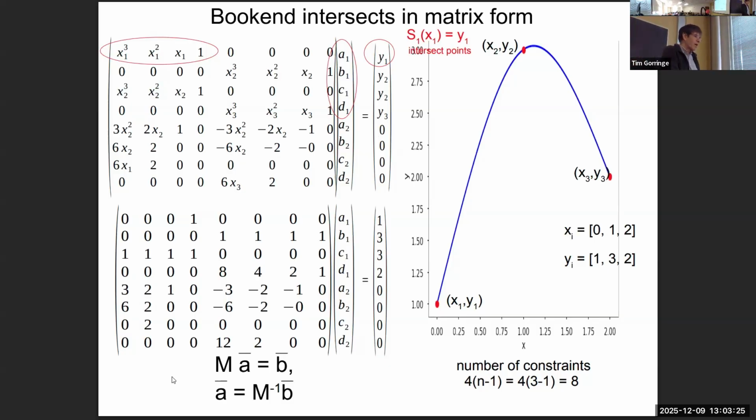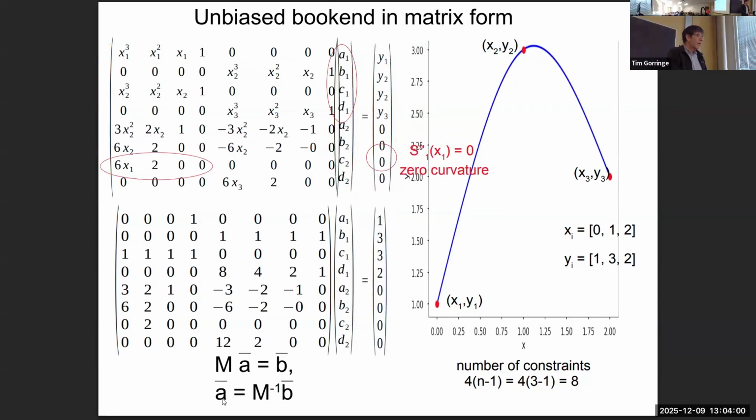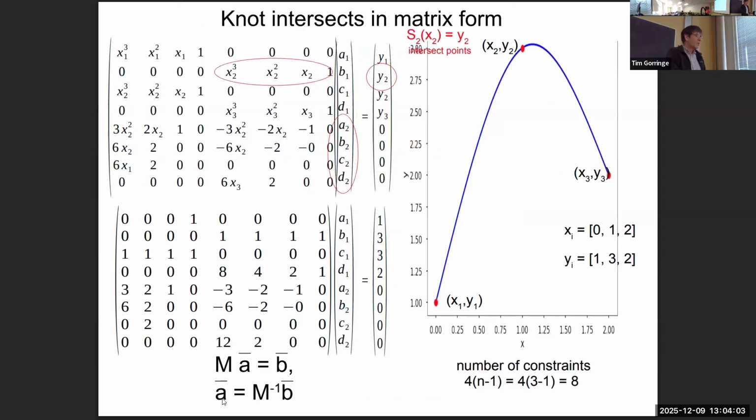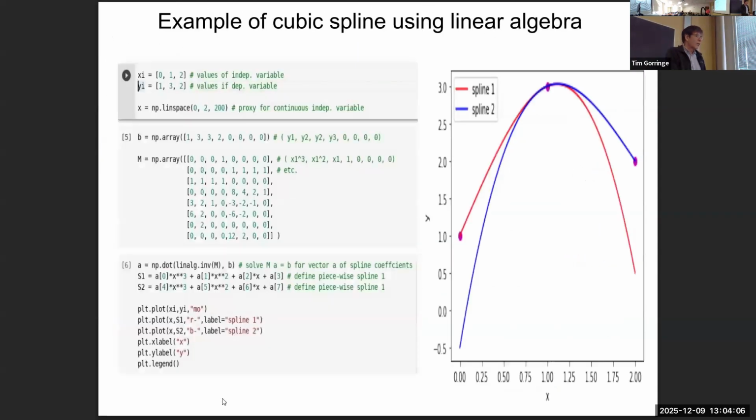We can rearrange this equation, or we can multiply through by the inverse of M to get an expression for the vector A, and solve for the vector A as the product of the inverse of M times the vector V. So we put all the known quantities on the right-hand side. Inside M is the independent variable, inside V is the dependent variable, and we can solve for these coefficients of the piecewise polynomials. And we can do that with linear algebra. So I think at that point, I'm just going to go to the code.